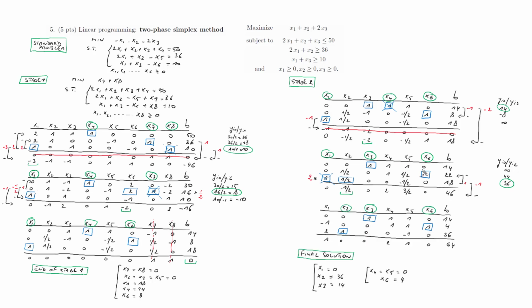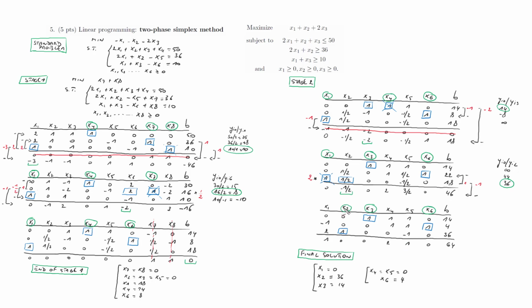Well, when we perform these elementary row operations and this multiplication of the third row, we end up with the last tableau, and we can see that it's the last tableau because the reduced costs are all positive, right? So we can now read the final solution, right?